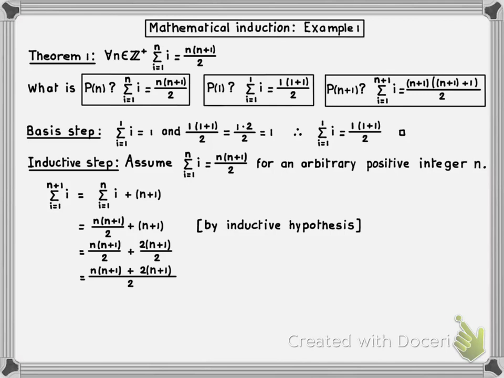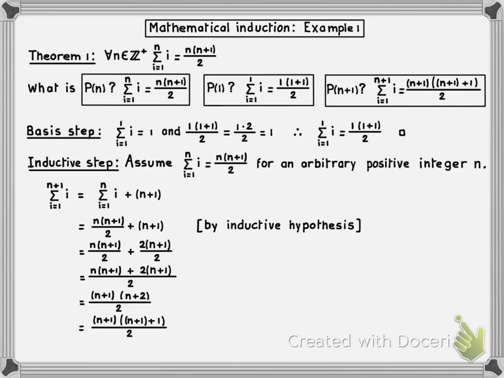And finally, we need to factor out the n plus 1, which conveniently enough appears both here and here. So what are we going to be left with when we're done factoring it out? We're going to have an n plus 2. So we're going to get this fraction. And we're almost there. Notice n plus 2 can simply be rewritten as n plus 1 plus 1.